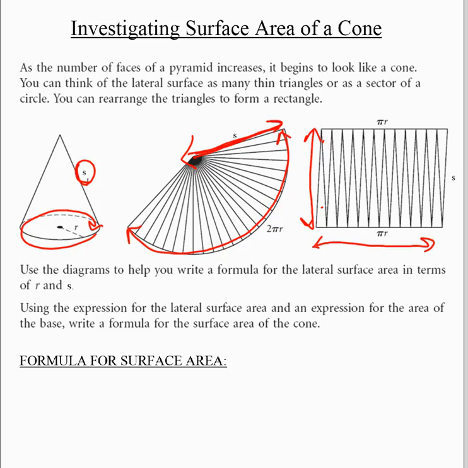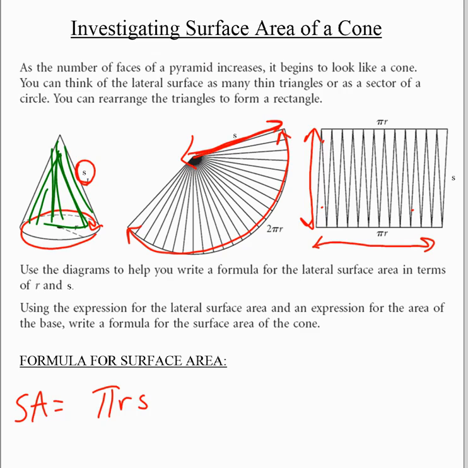So what would the area of this rectangular shape be, which is the same as the lateral surface of the cone? Well, that would just be pi r s, because it's length times width, or base times height. For a cone, that represents this lateral part, the part I'm coloring in green.